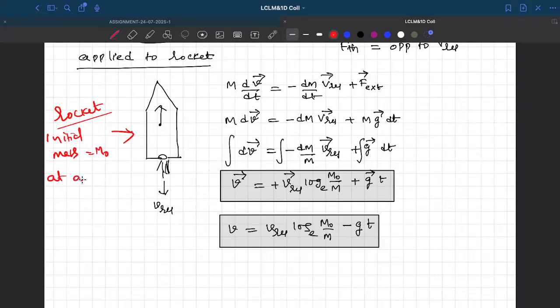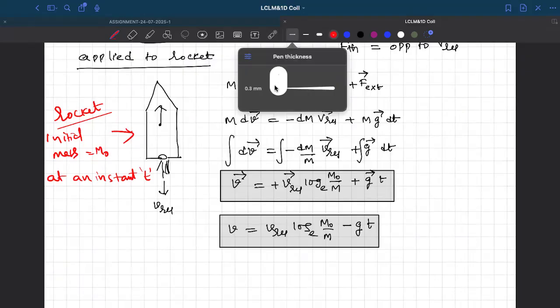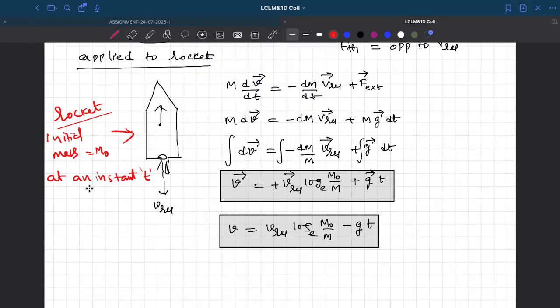At an instant t, the mass is equal to capital M.